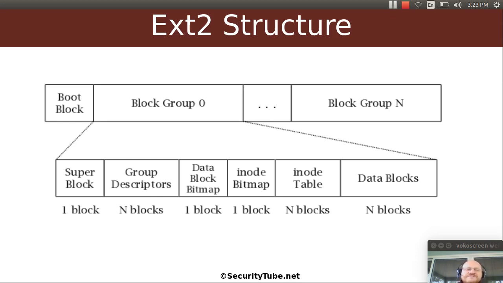You have other things in each group. You have a group descriptor, a data block map, an inode bitmap, inode tables, and then data blocks. And we will drill down on all of these in the future. So don't be worried if some of this is foreign to you just now.